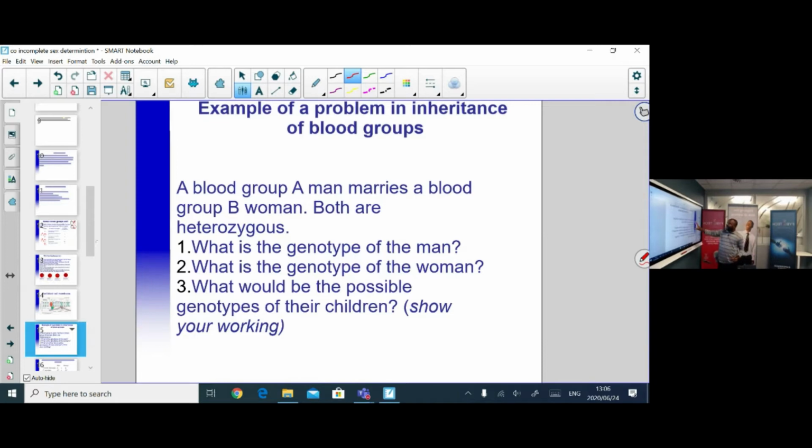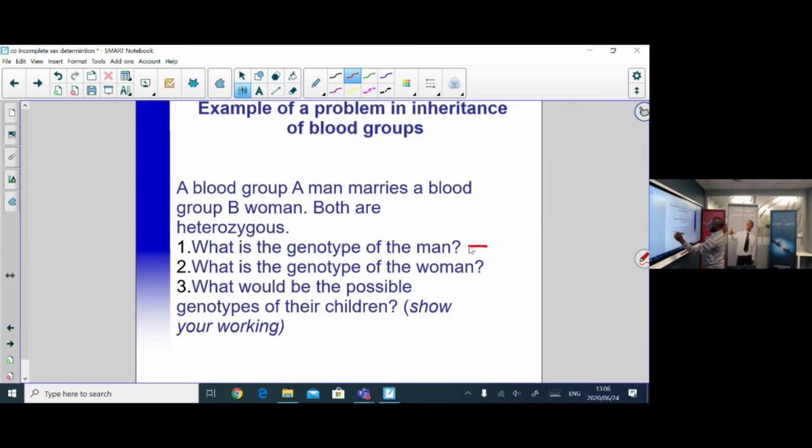A man, blood group A, and a woman, blood group B. Both are heterozygous. So the genotype of the man is I A and i. The moment you see i, it means it's O. I was comfortable with the old notation, less confusing.